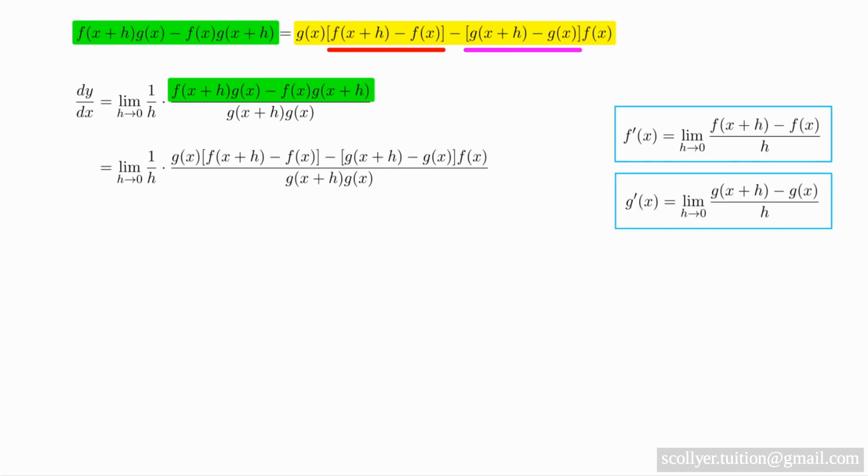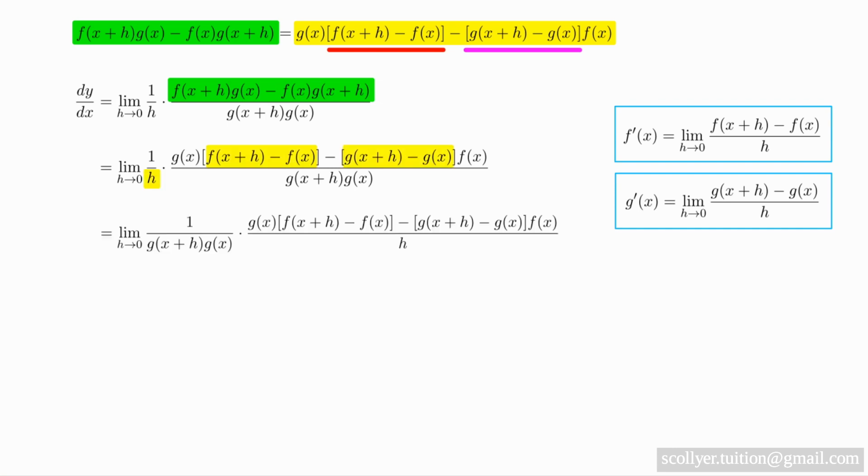And if we recall the definitions of f dashed of x and g dashed of x, we see that we want to combine the following quantities, shaded yellow. And so first we swap the numerators of the two fractions, and we note that we have the product of these two quantities.